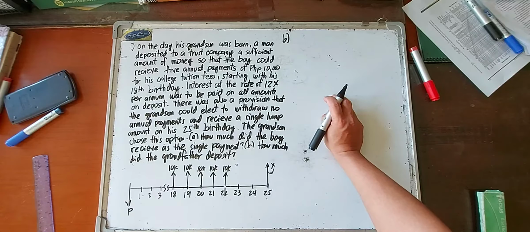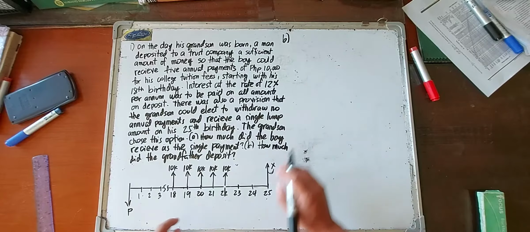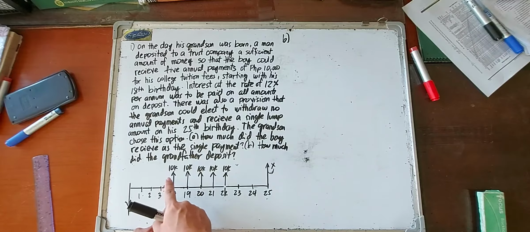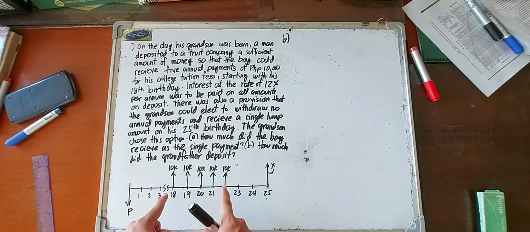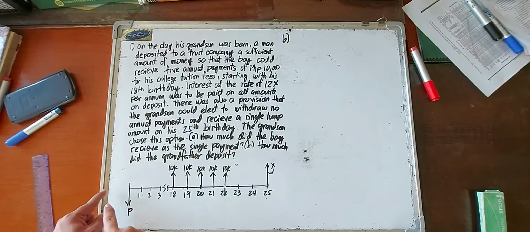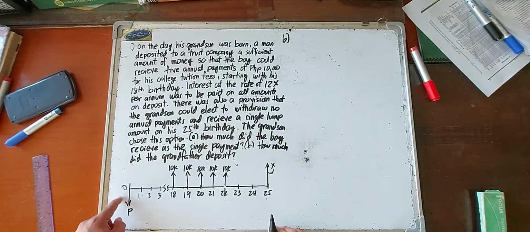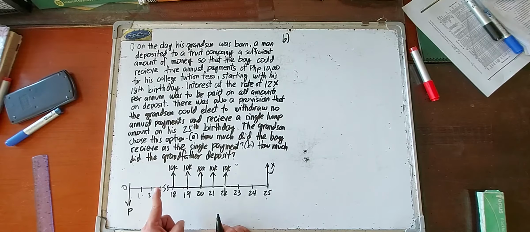So again, we're going to use the concept of economic equivalence. We need to choose a certain focal point. So itong periodic payments natin, kukunin natin yung equivalent value niya dun sa 0, kung saan nag-start yung annuity natin. Okay, so how's that? So maybe we can choose the 17th year.